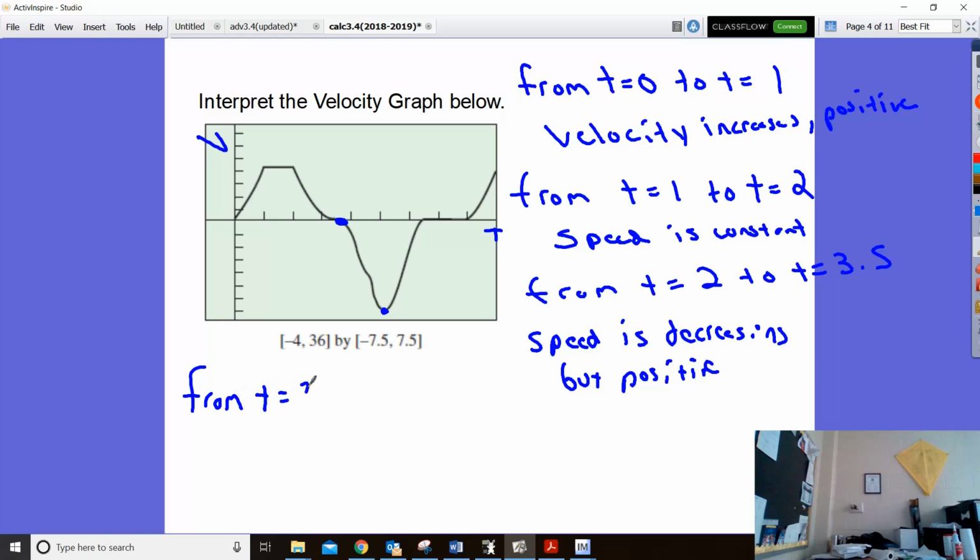From t equals 3.5 to time equals 5, we're still decreasing. We've actually gone into negative territory now. So this would be like the top of the parabola in the death example, right there where it crosses the x-axis.